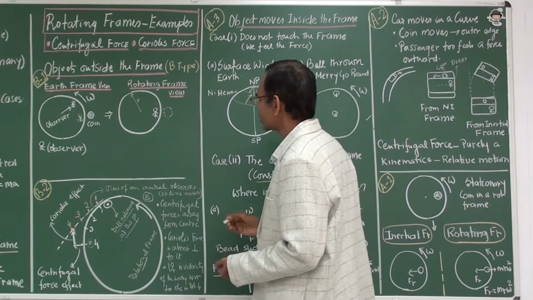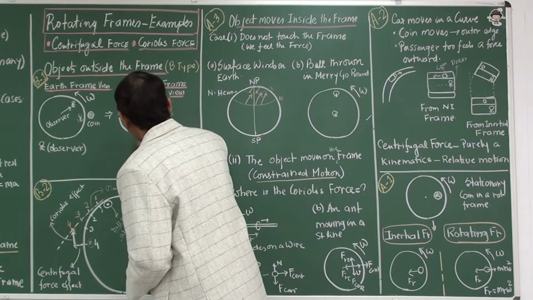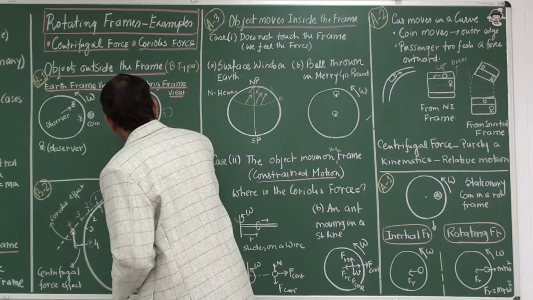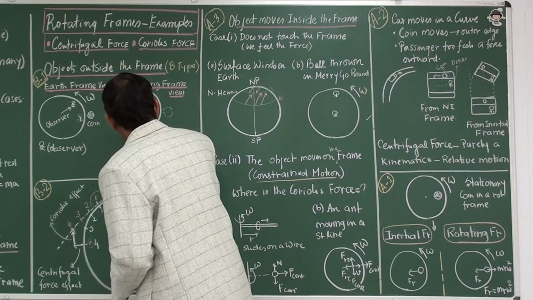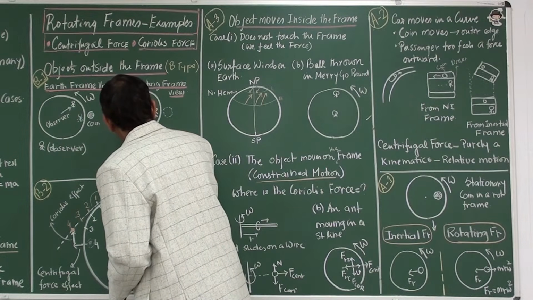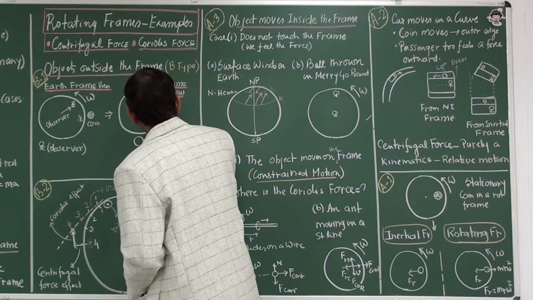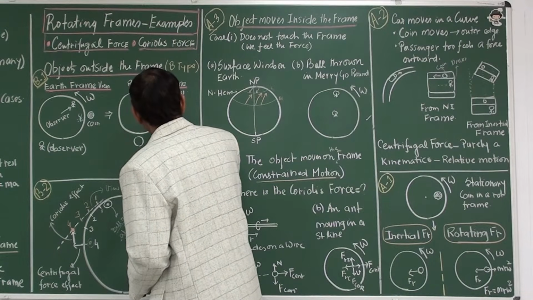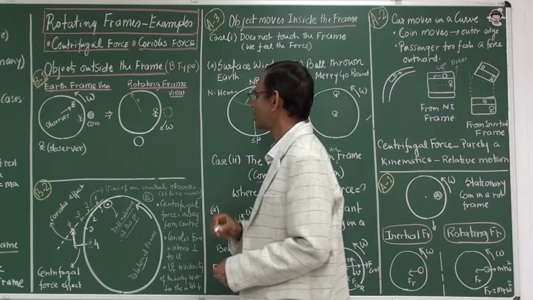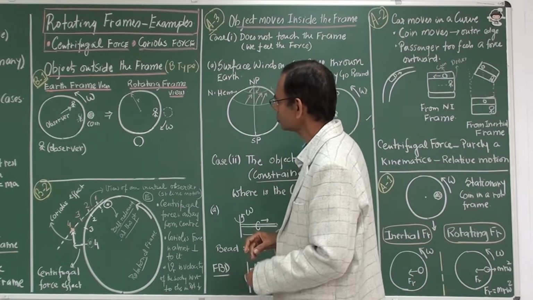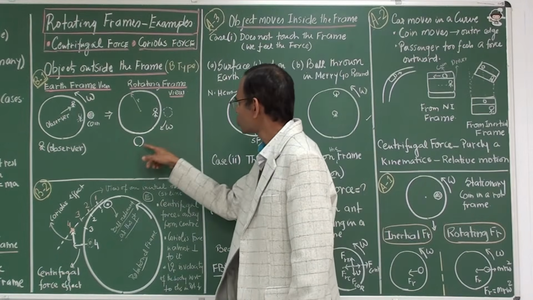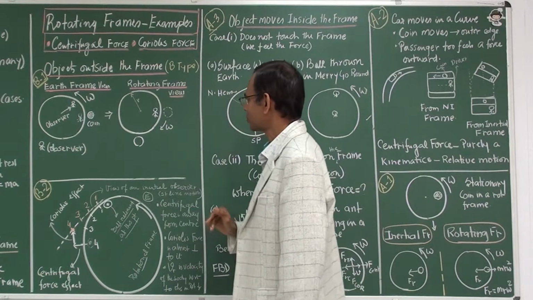Now let us make this figure here. So here I make the coin like this, and it is rotating with again angular velocity omega. So the coin is rotating in this direction.